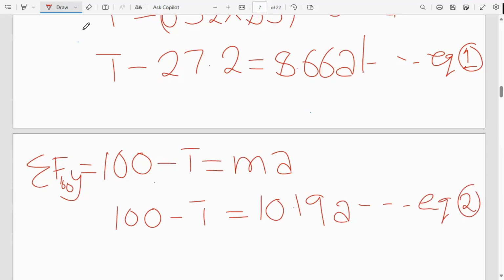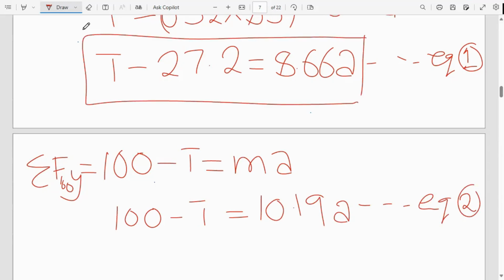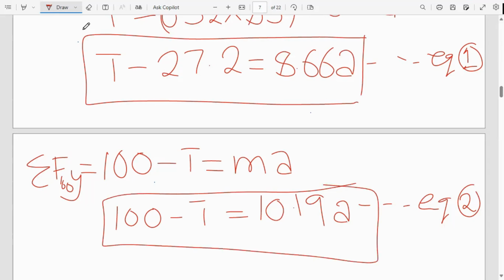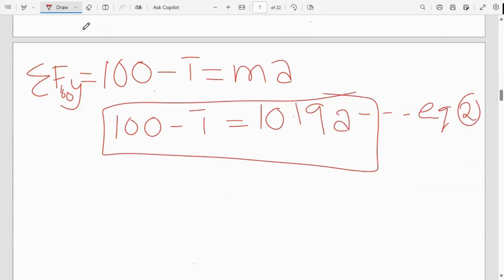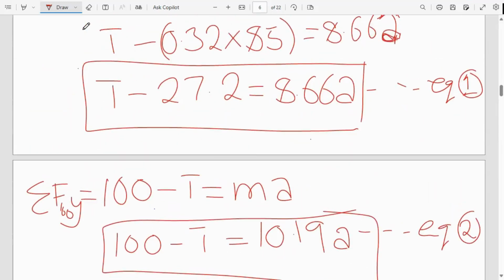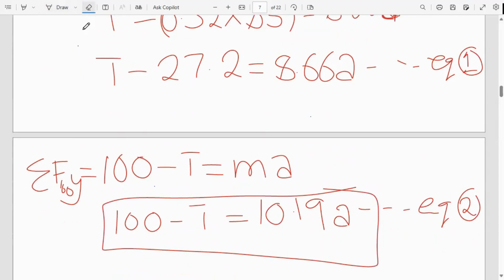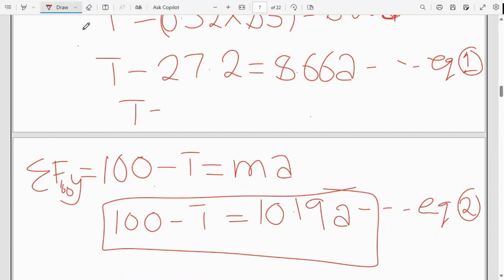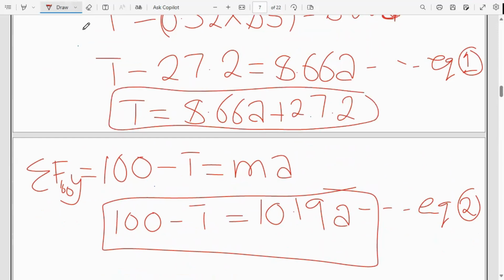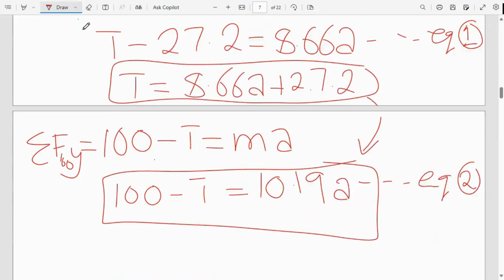So if we have these two equations, you can see that they come up with a system of linear equations, so we can solve them together. I'll say T is equal to 8.66A plus 27.2, like that. I'll get this and plug it into this other equation.